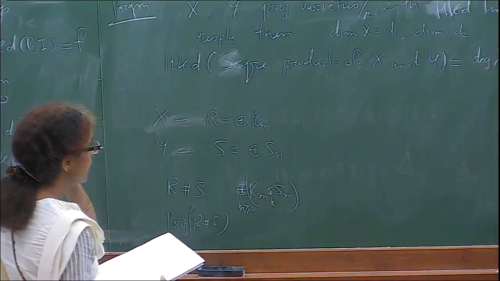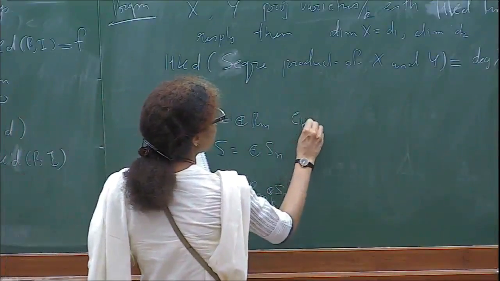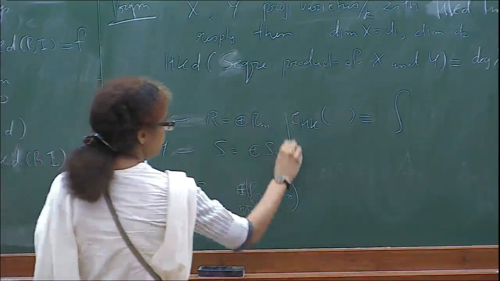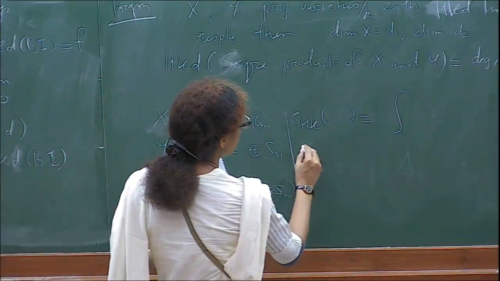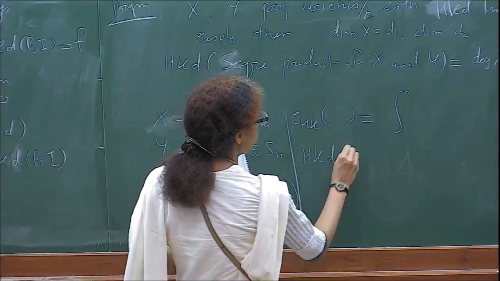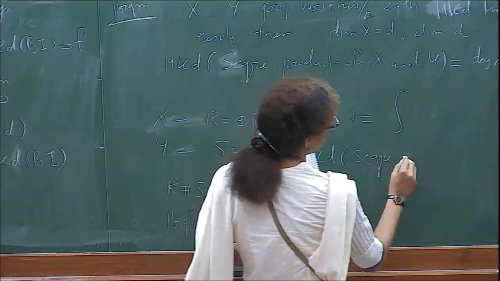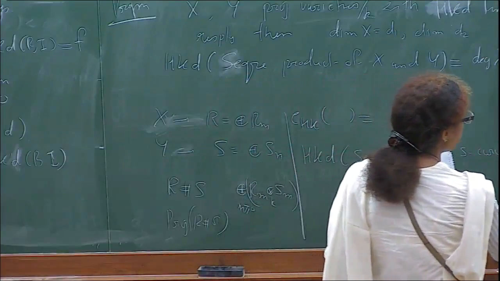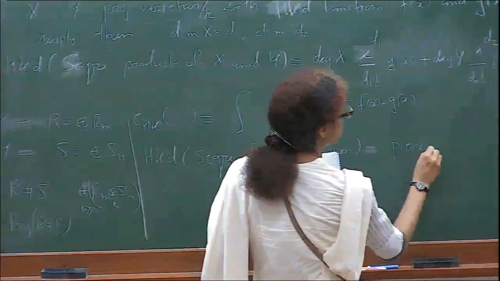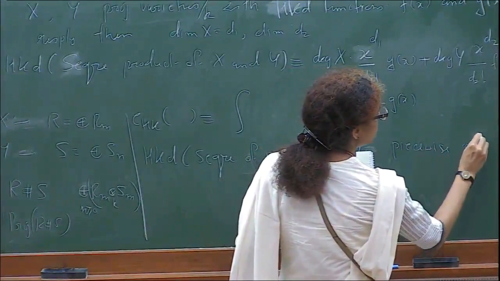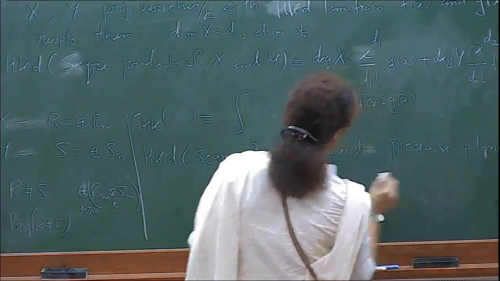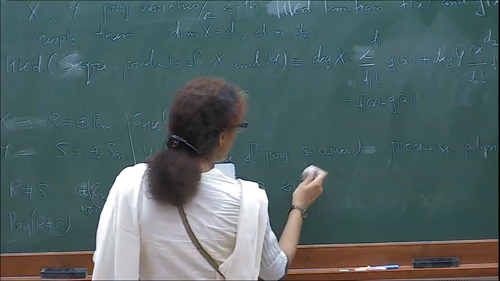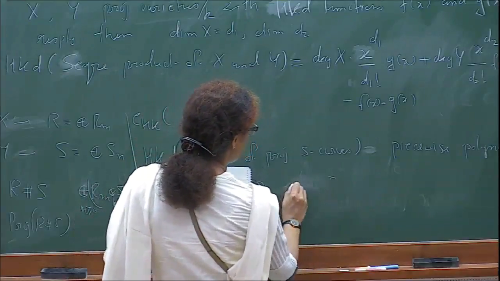So what it tells, in particular, eHK of the Segre product, I can just take the integral of this. Okay. So at once it tells me that HKD of the Segre product of, say, S non-singular curves is a piecewise polynomial of degree S with rational coefficients, polynomial with rational coefficients in x.